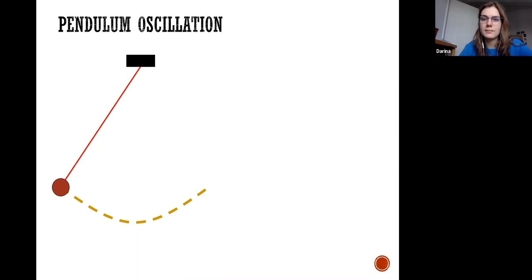Any ideas? At that position, just give your suggestions in the chat. Does that ball have maximum or minimum kinetic energy? Go on, give it a shot.